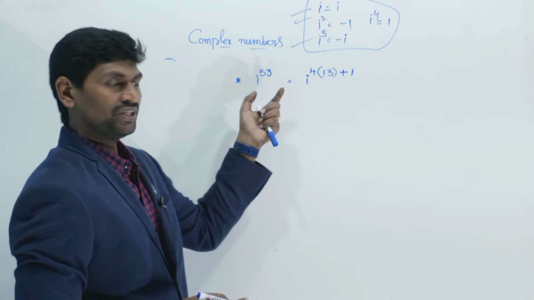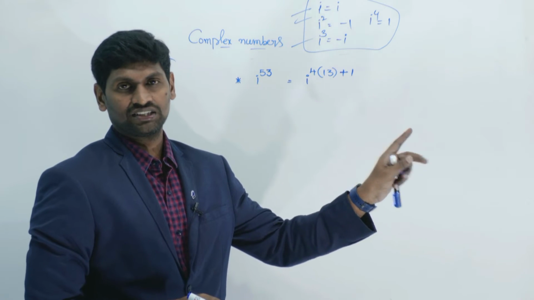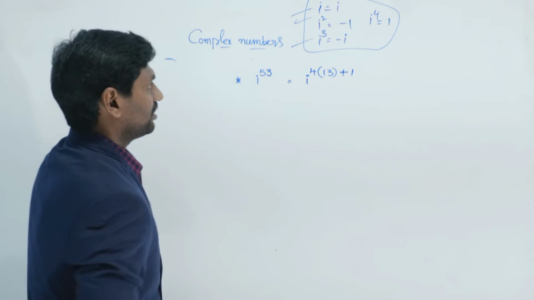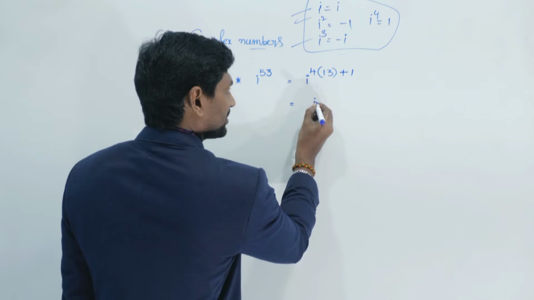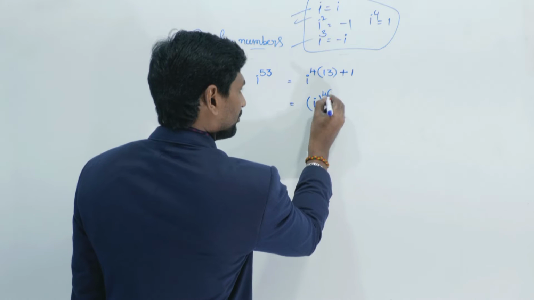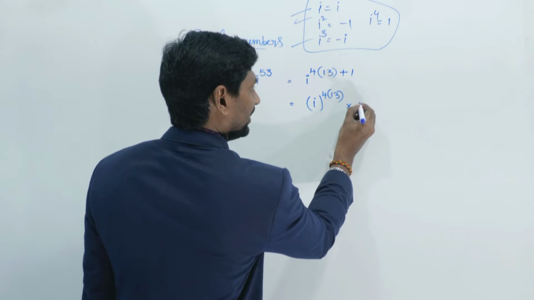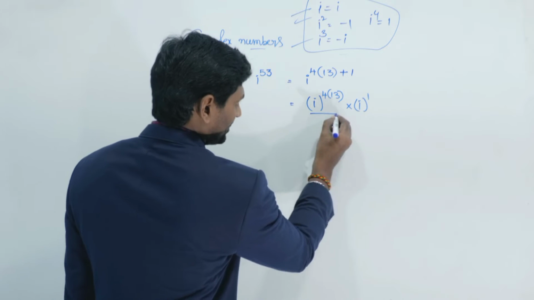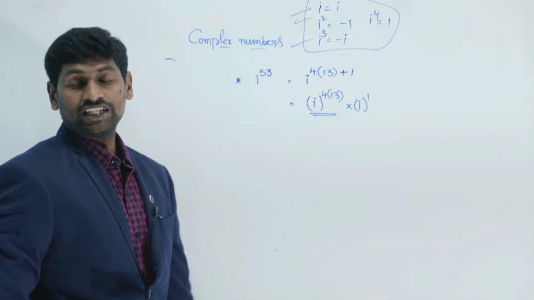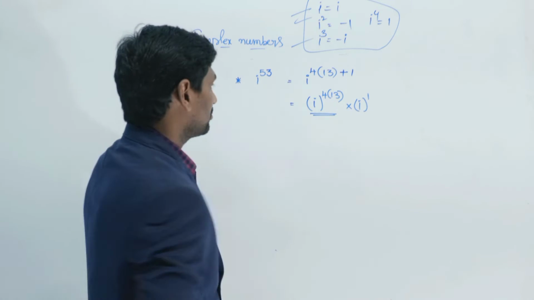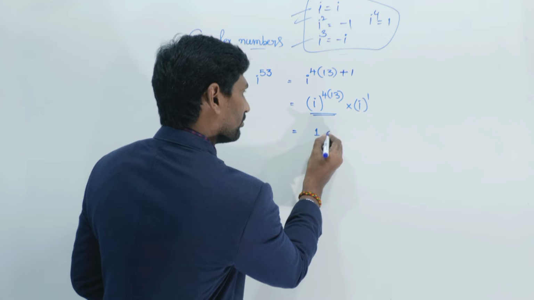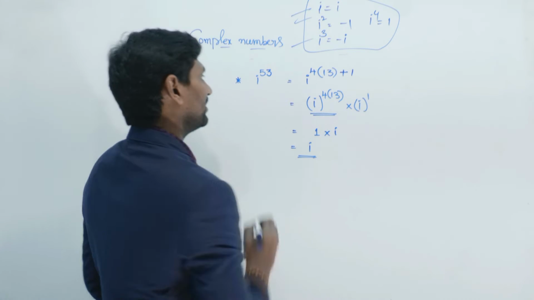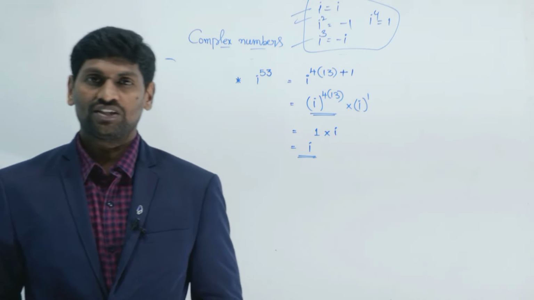Because 55 means like previously, we would be getting the i cube value. So this one I can express as i^(4×13) into i^3. The 4 multiples i^4 is always 1. So 1 into i^3 means minus i.